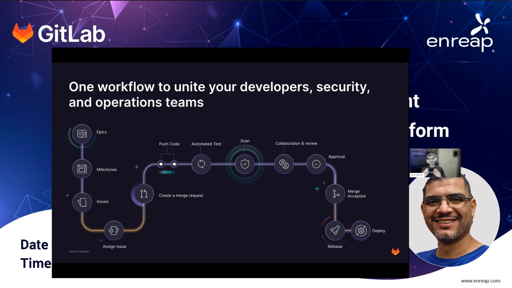GitLab is the only platform that supports what we call DORA metrics, or DevOps Research and Assessment metrics. Basically, the DevOps maturity metrics available today in the market from Google that help customers quantify and measure the maturity of their DevSecOps practice, including deployment frequency, successful deployment, how long does it take me to recover from a failed deployment, and what's the percentage of failures that happen in my production environment, for example, because of my deployment.